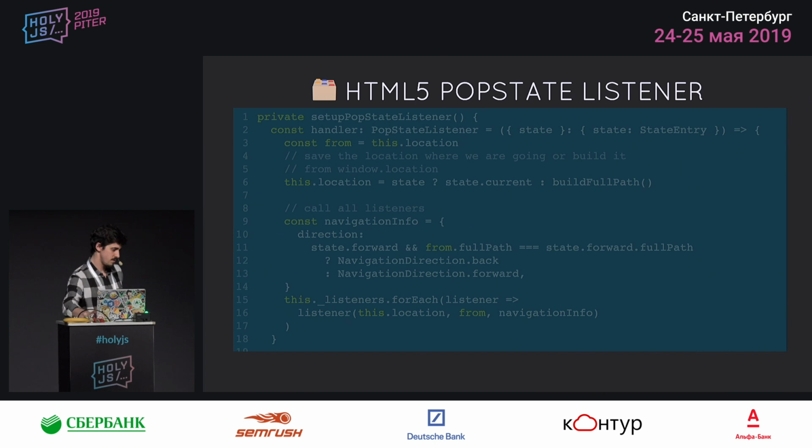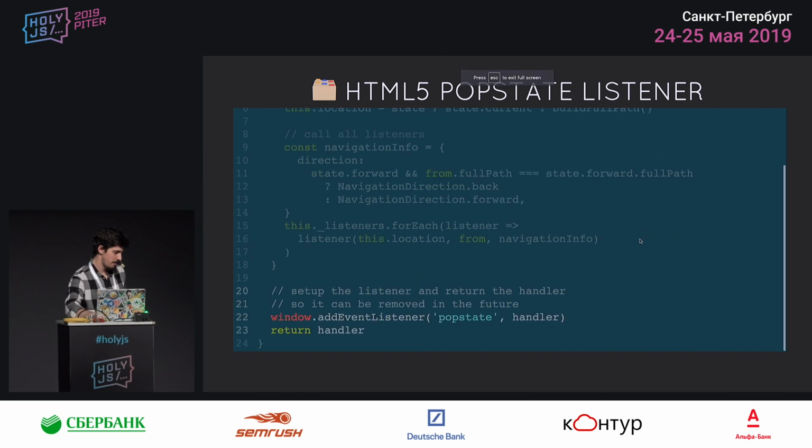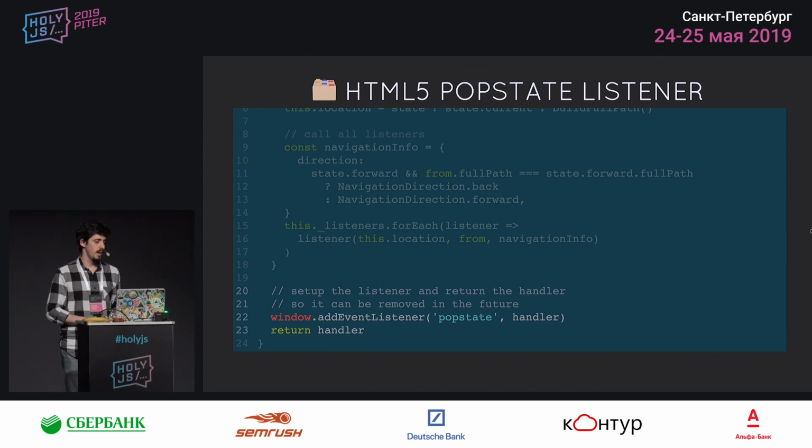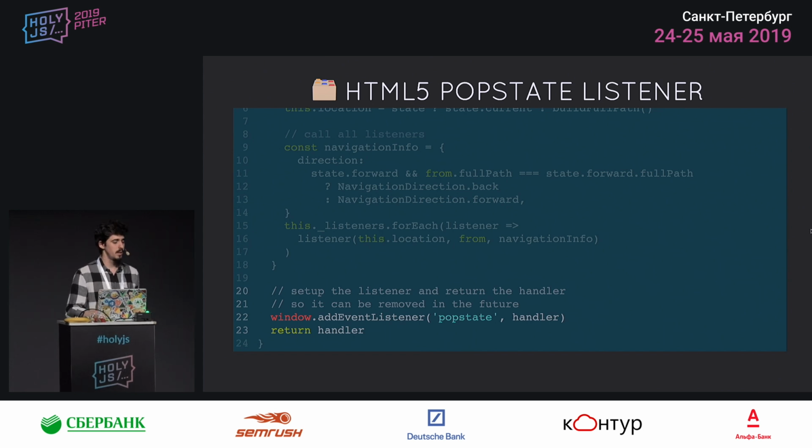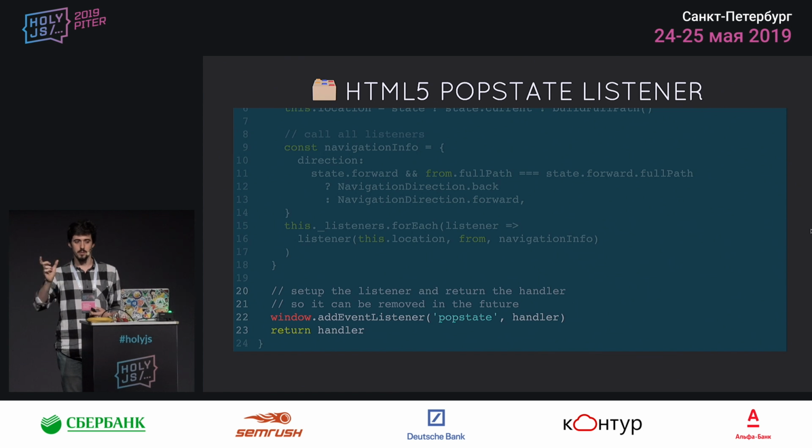And it doesn't show at the bottom, but the bottom is adding that handler to the window and returning the handler itself so it can be removed later. Now, this is just a small optimization thing. It's just adding one pop state listener instead of adding one pop state listener per listen call on the HTML5 class, which was part of the public API.